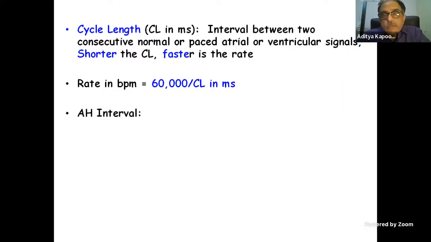What is the AH interval? How do you measure? From the A wave, which is seen in the intracardiac electrocardiogram, generally in the His channel we will see the H wave. So the time from the onset of the A wave to the onset of the H wave is the AH interval. What does it reflect?